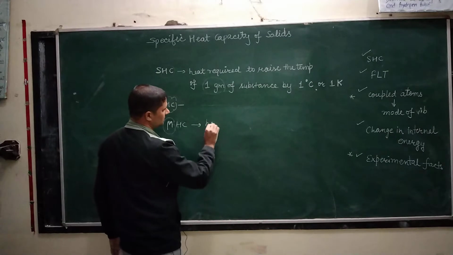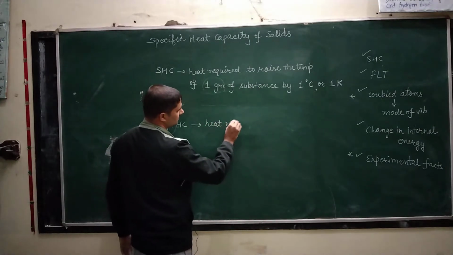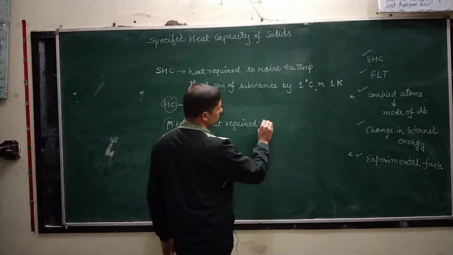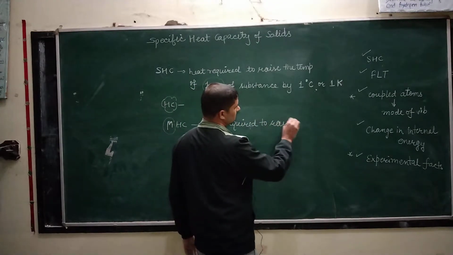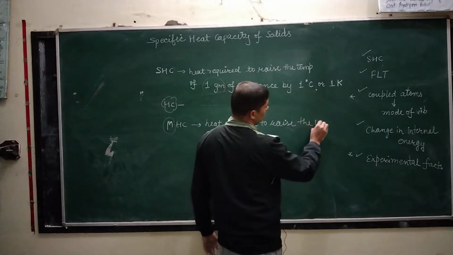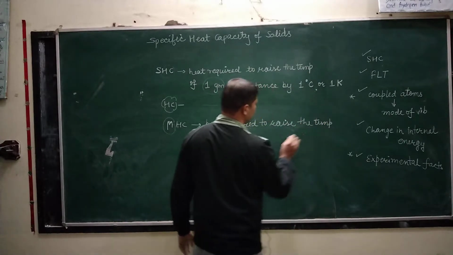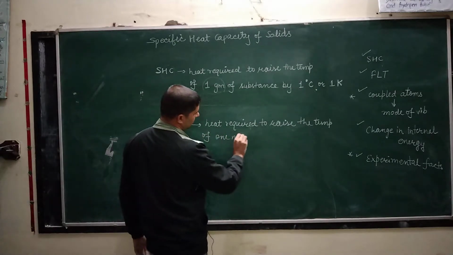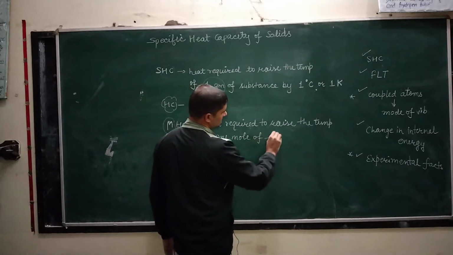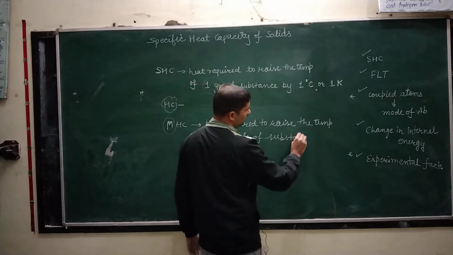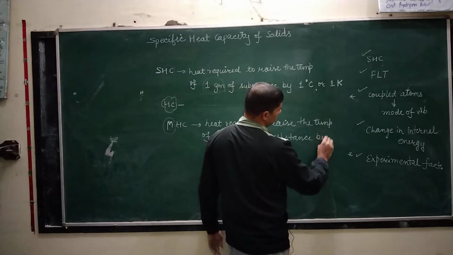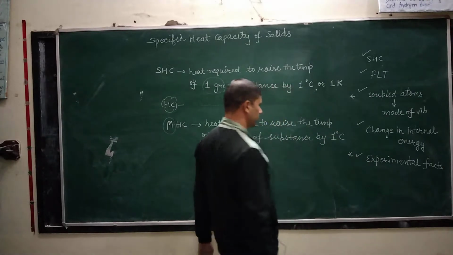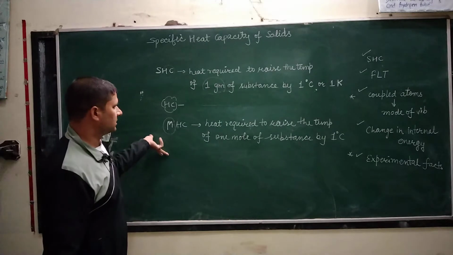It is the amount of heat required to raise the temperature of 1 mole of substance by unit interval, or I will write 1 degree Celsius. So this is the definition.